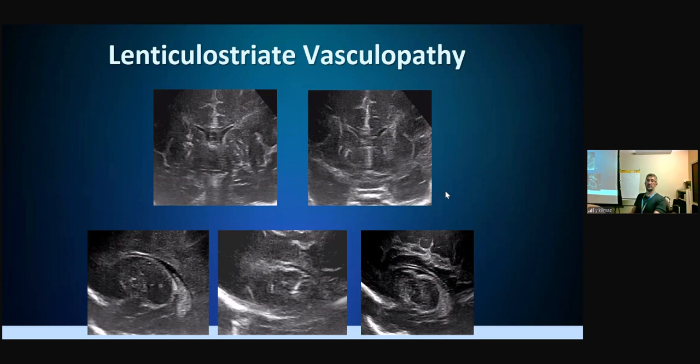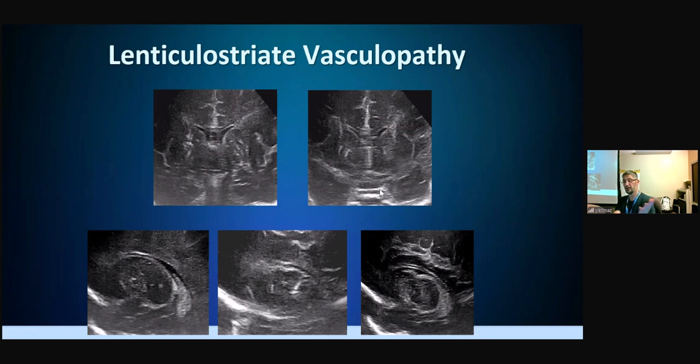Another one is lenticulostriate vasculopathy, also known as mineralizing vasculopathy, but there is no calcification histopathologically. So this is the echogenic linear and branching structures within the basal ganglia and thalami, as you can see on the coronal and sagittal views.